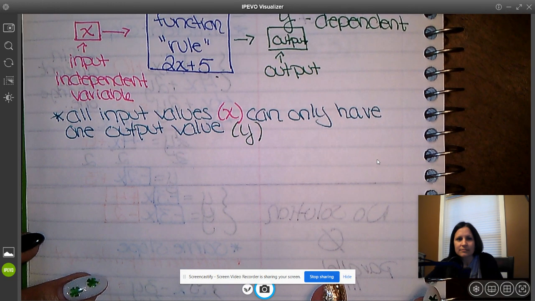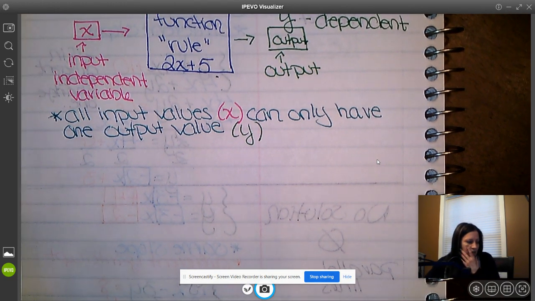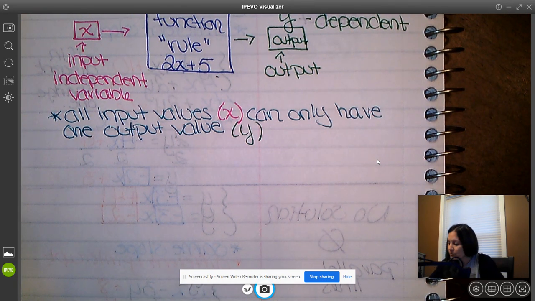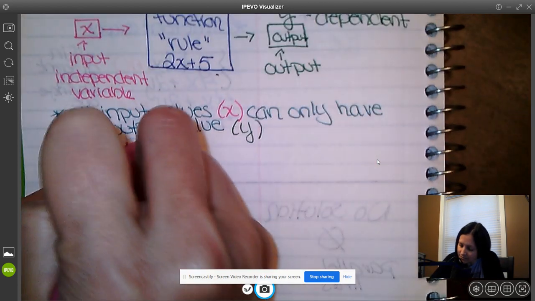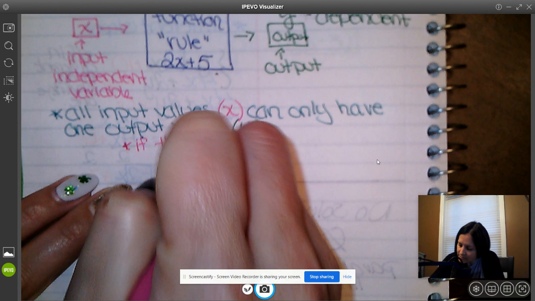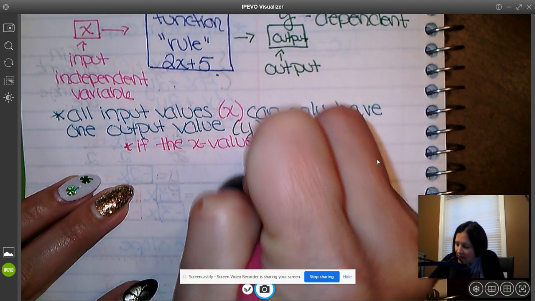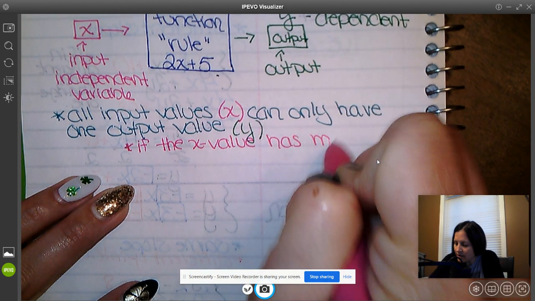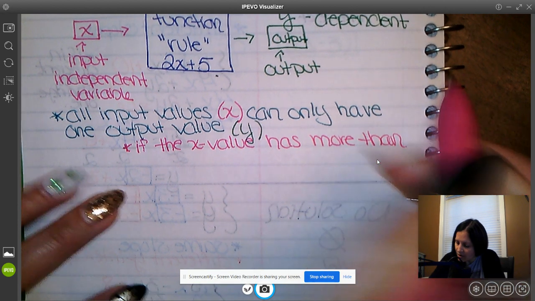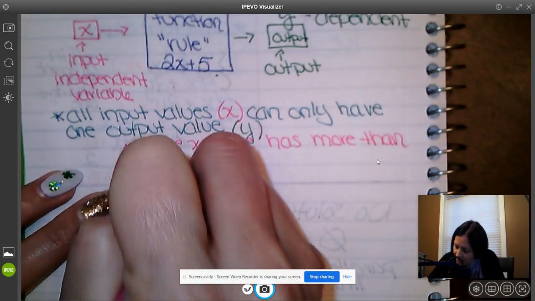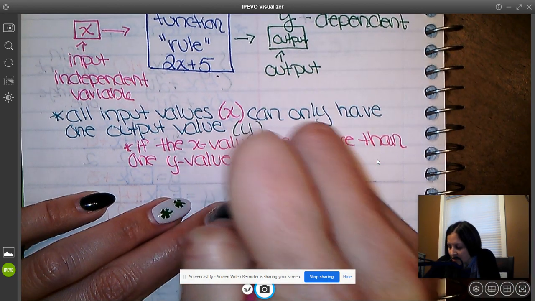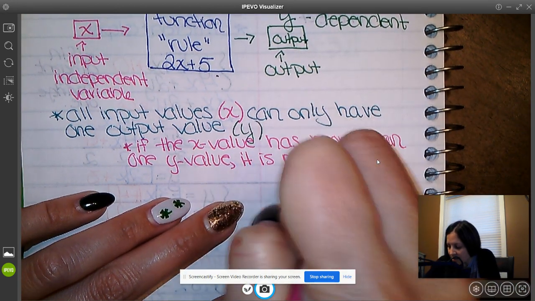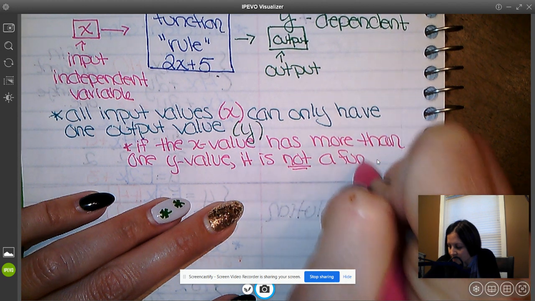Okay? So if your x value has more than one y value, it is not a function.